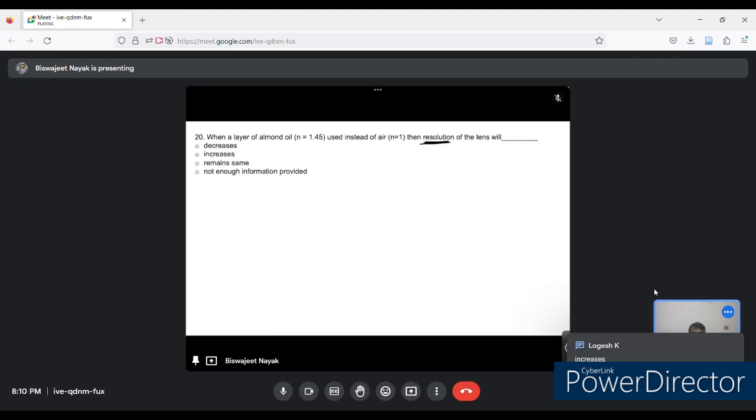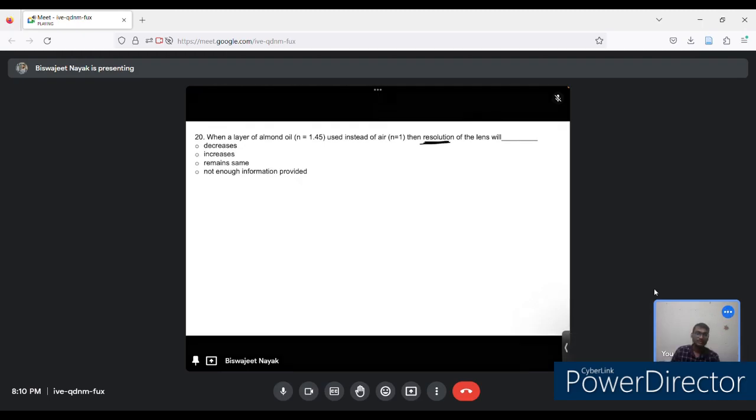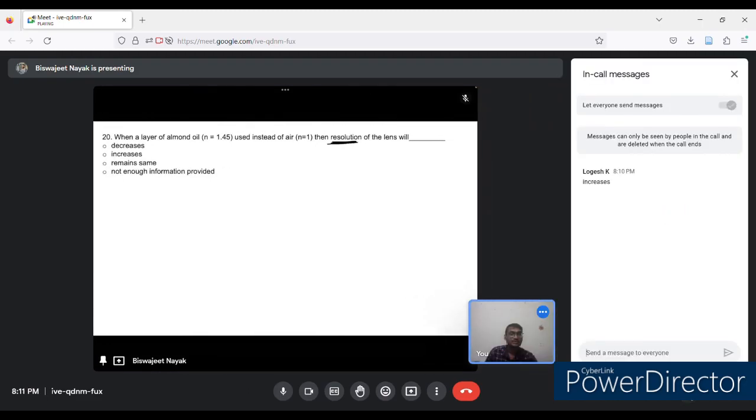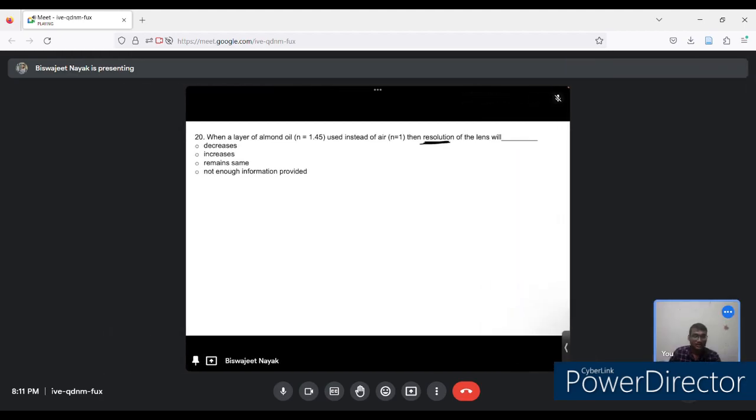The numerical aperture, and how is the numerical aperture changing? Yeah, it increases. Thank you. The same logic goes: having a higher refractive index means the numerical aperture is higher, and it allows more light, for which the resolution increases.